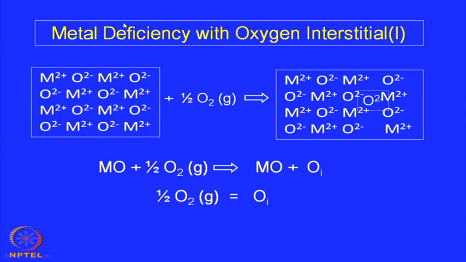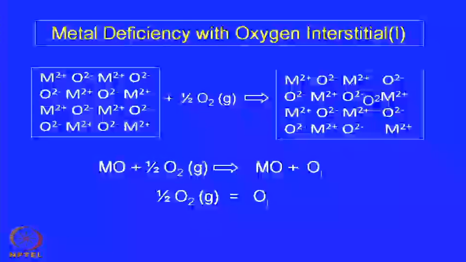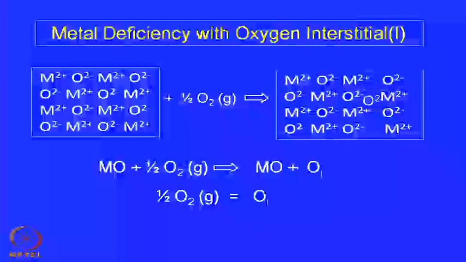And the last possibility is metal deficiency once again, but with oxygen interstitials. Of course, one has to remember oxygen interstitial is a little difficult, because compared to metal ions, oxygen ions are much larger. So, an oxygen ion going into an oxide lattice in the interstitial position is a difficult job. I mean, energetically it is not that favorable.